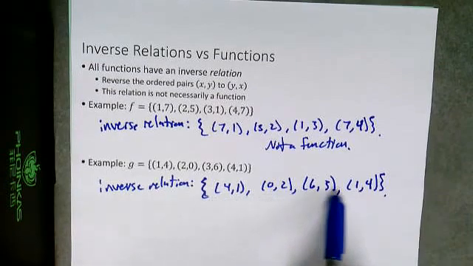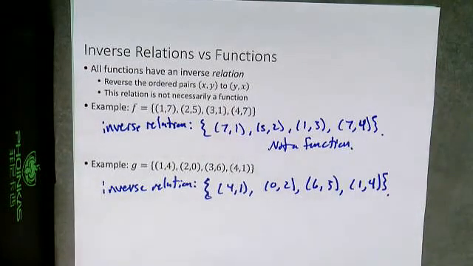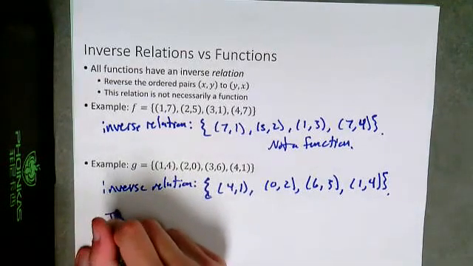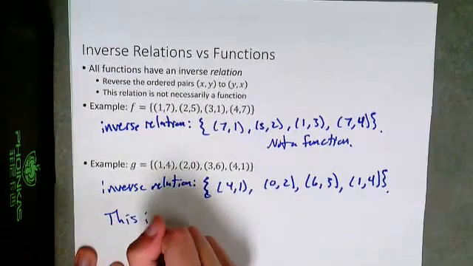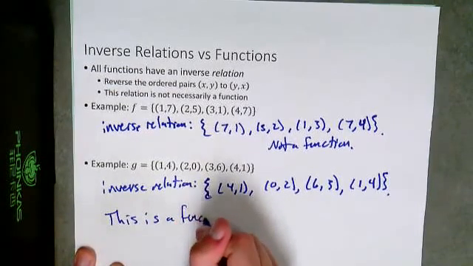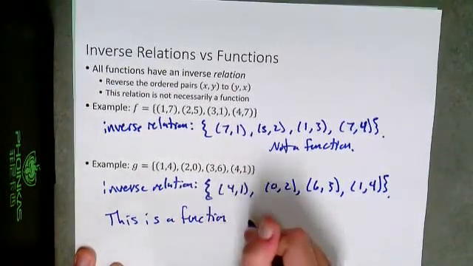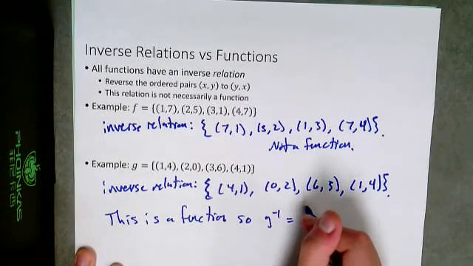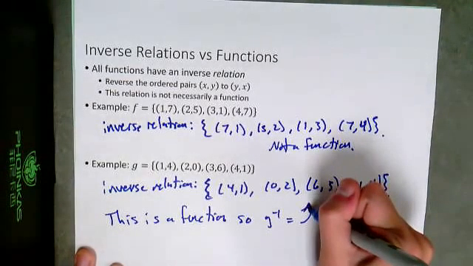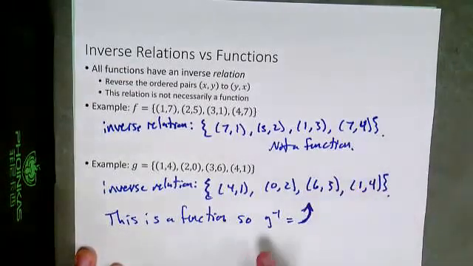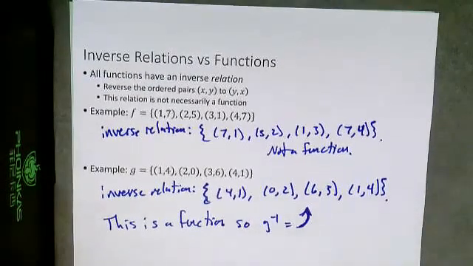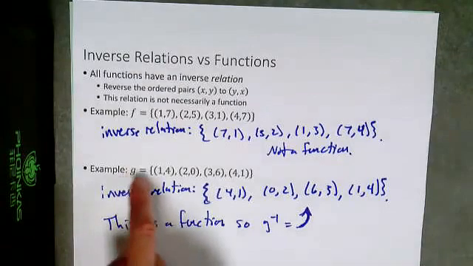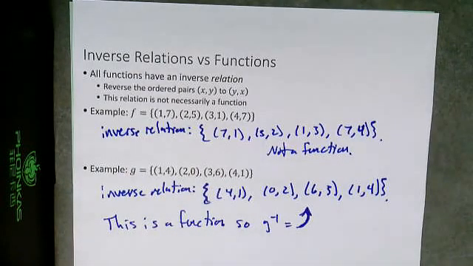So this guy does not have the same problem as this one, and we have a function. And because we have a function, we can then say that G inverse is equal to this set of points, if G started out as those set of points. Okay?